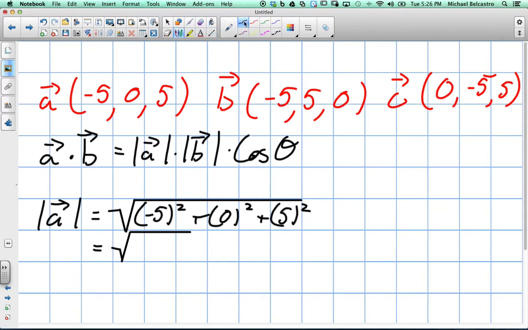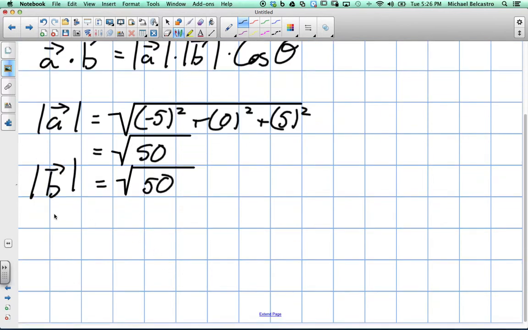While we're at it, we'll find the magnitude of vector B. Negative 5 squared and 5 squared give us 25 again, together 50. So our magnitudes are going to be identical in all of these. Already we can probably deduce what type of triangle we're going to have. What type of triangle is this?